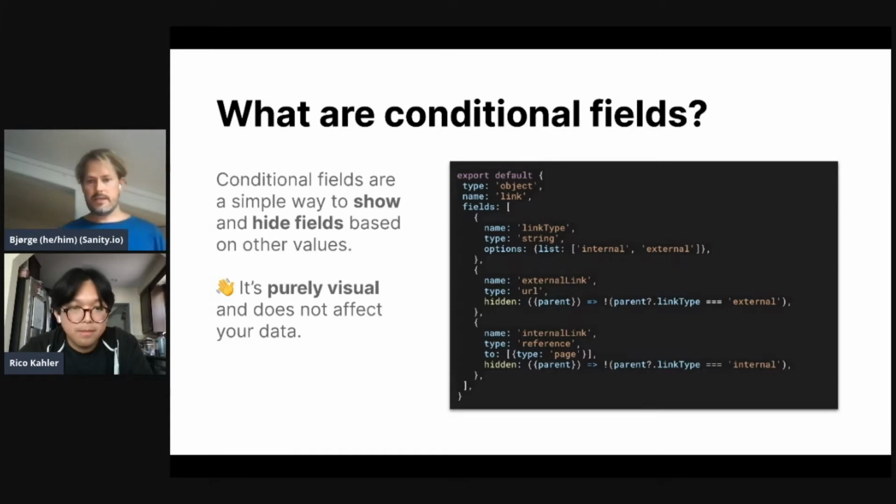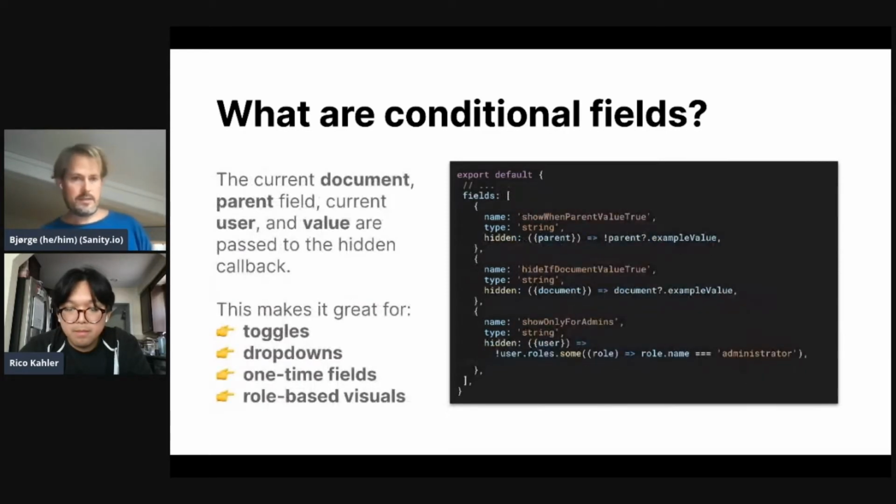Up until now we had hidden being a Boolean, but now we extended that to also be a callback function. And it's important to know that it's a purely visual thing. It happens only in the view layer. It doesn't affect the data stored in any way. So I'll come back to that a bit later.